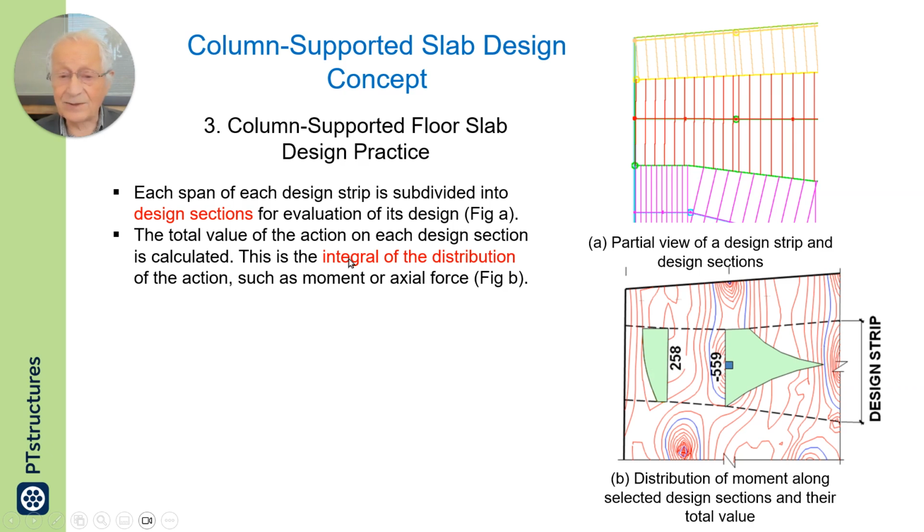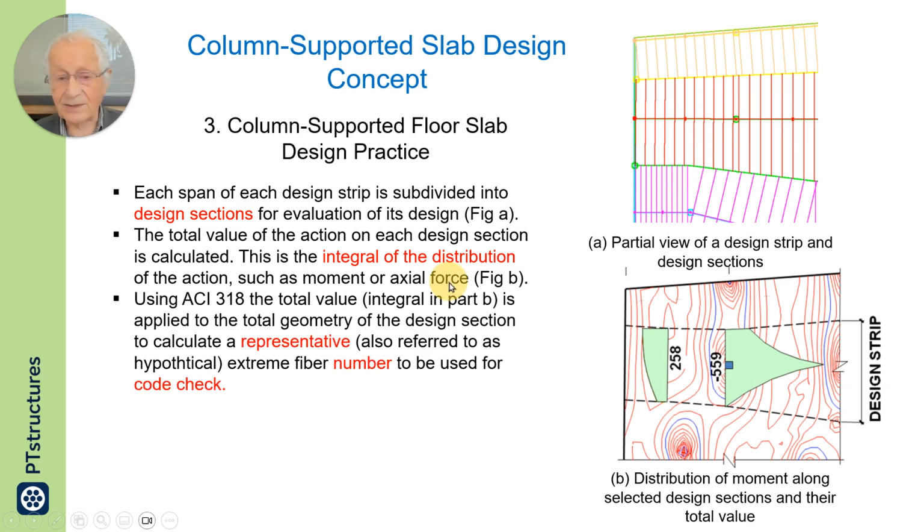This is the integral of the distribution of the action, such as integral of moment, integral of the axial force. Using 318, this total, which is the total area, is applied to the total geometry of the design section to calculate a single representative, also referred to as hypothetical extreme fiber number, to be used for code check.